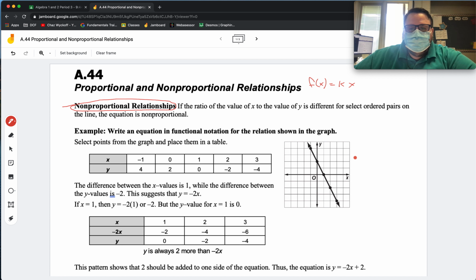So we remember the equation y equals mx plus b, where m was what we called our slope and b was our y-intercept.